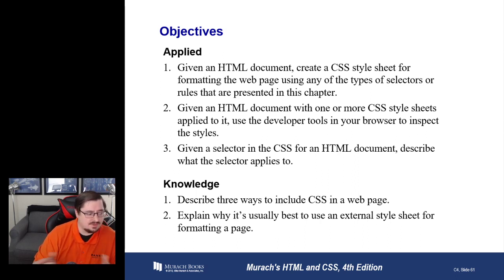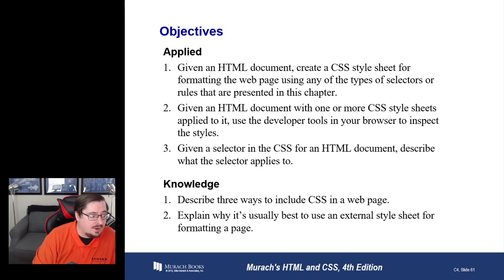If you're looking at a selector for CSS, you should be able to say, okay, this applies to these kinds of elements. This is what this means. What elements would that apply to? What elements would that not apply to? We talked a bit about the 3 different ways to apply CSS, which was either as an external style sheet, an embedded style sheet, or as inline styles.